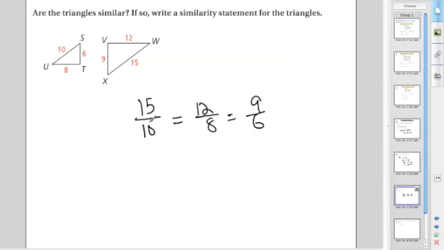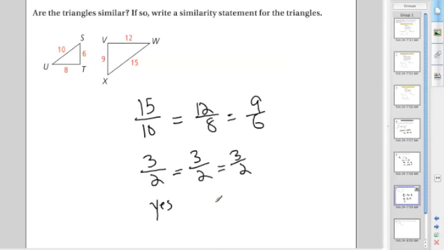So we have 3 halves, because 5 goes into 15 3 times over 2. Here 4 goes into 12 3 times, 4 goes into 8 twice, and 3 goes into 9 3 times and twice.